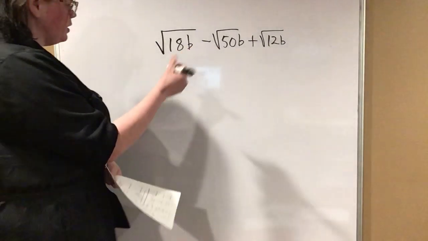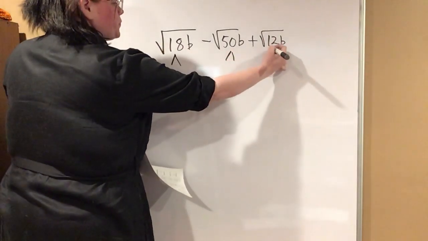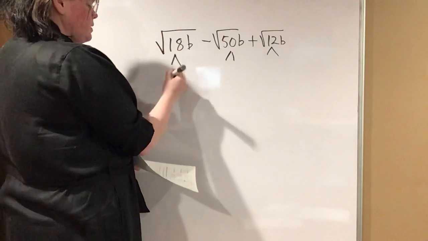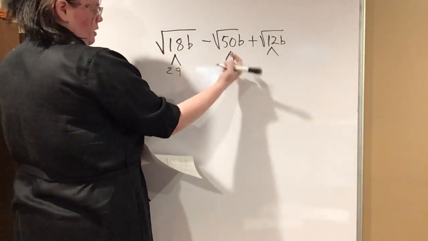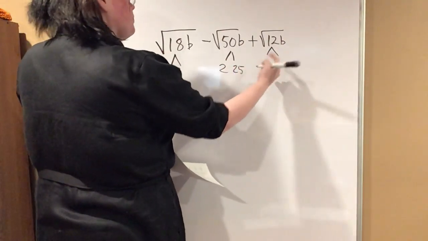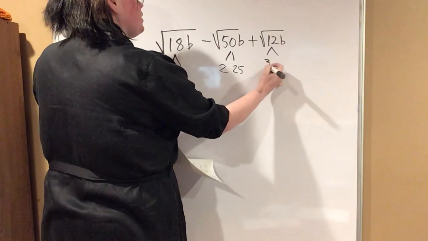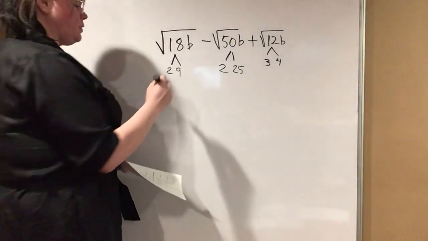So what I'm going to do is take the prime numbers of these guys. 18 can be split into 2 and 9, and 50 can be split into 2 and 25. 12 can be split into 3 and 4. Well, where are my prime numbers?